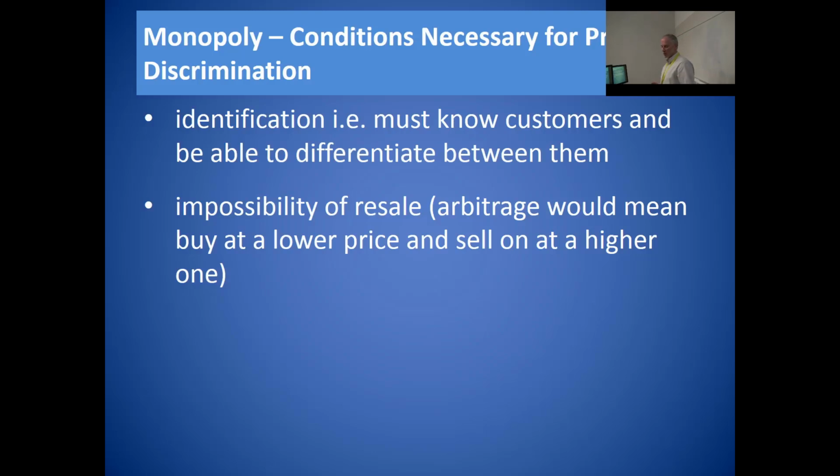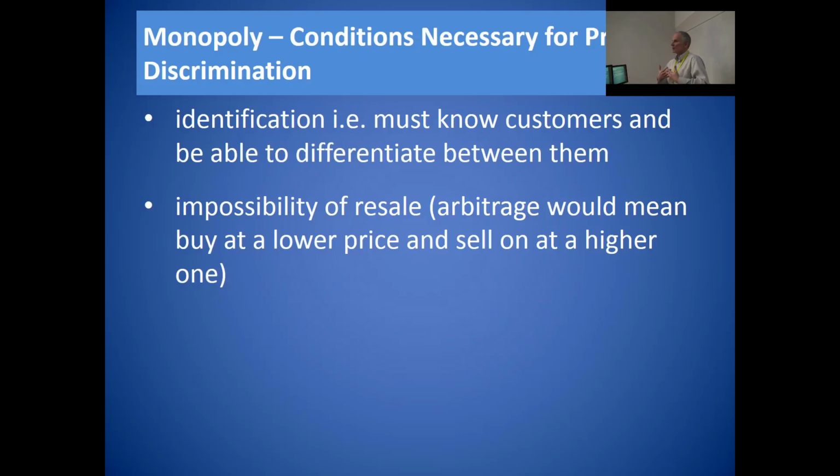It doesn't matter what type of price discrimination we're on about, that point must always be true. You need to identify your customers, be able to differentiate between them. But the ability to identify customers, whilst it's necessary, isn't sufficient. What the monopolist must also be able to do is prevent the possibility of resale. If it can't, arbitrage is going to take place.